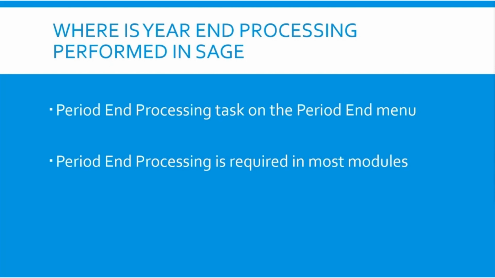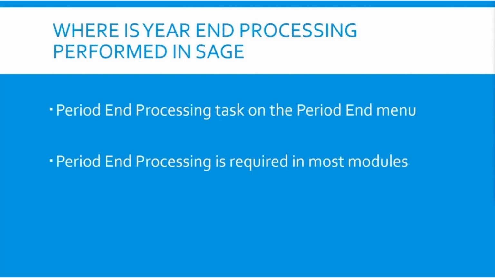And then obviously your efficiency modules like custom office and that type of thing, they don't have a period end, year end. And there's one other exception. If you're using the payroll module, that actually is a quarter end process. Since payroll is handled quarterly, you don't have to run it for each month. At the end of the year, you're actually running a quarter end process at the end of every quarter.